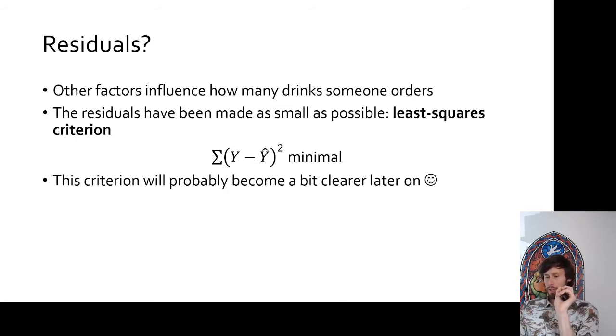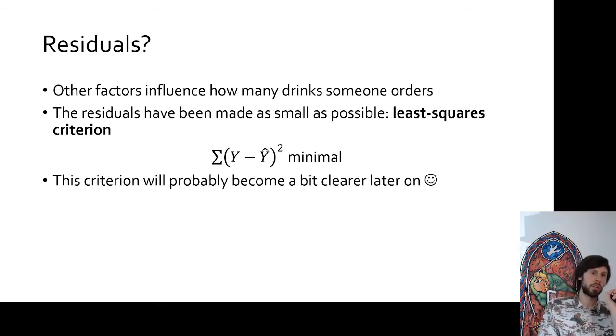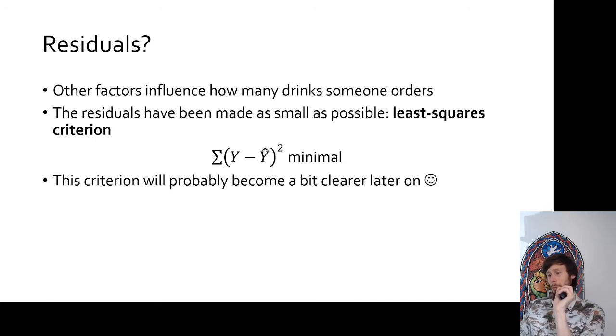What you could say is the line we have drawn was chosen this way, such that the residuals are all as small as possible. Specifically, the mathematical criterion is that if you square these residuals and you add them all together, the sum of those squared residuals should be minimal.